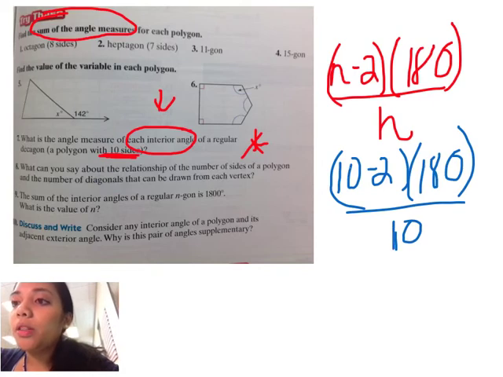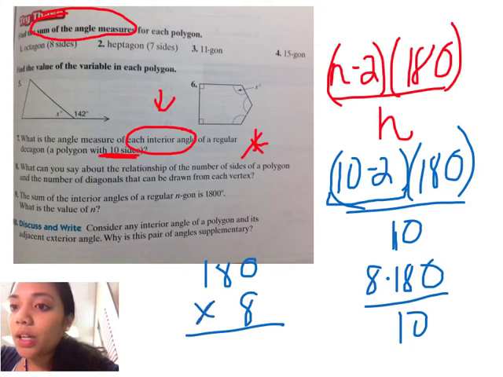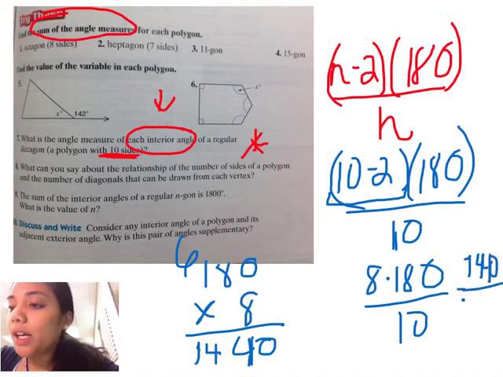Now I do my parentheses first. 10 minus 2 is 8 times 180 divided by 10. I don't know what 180 times 8 is in my head. So 180 times 8, 64... 8, 9, 10, 11, 12, 13, 14. 1,440 divided by 10.